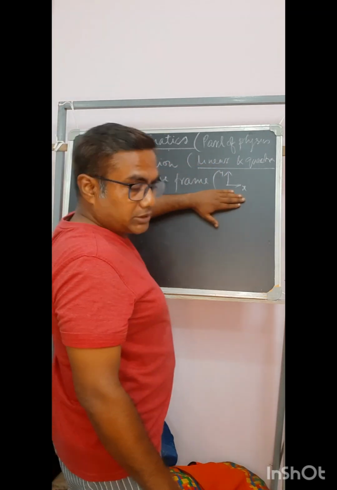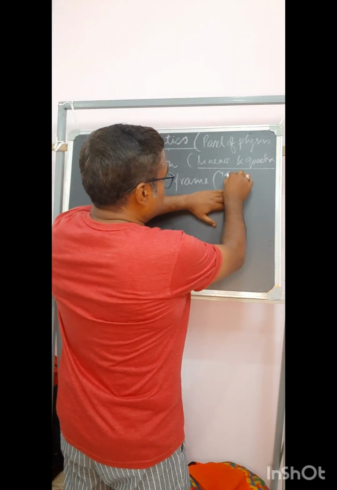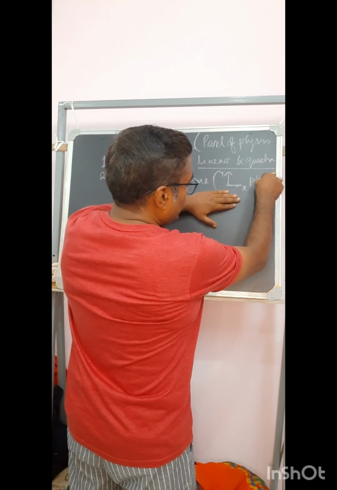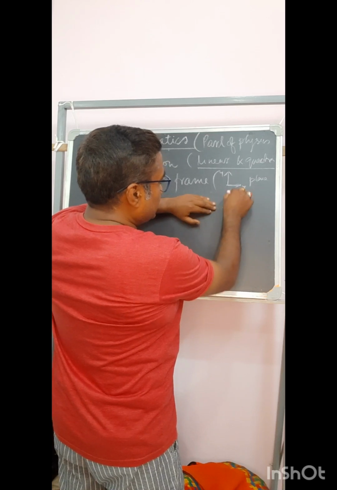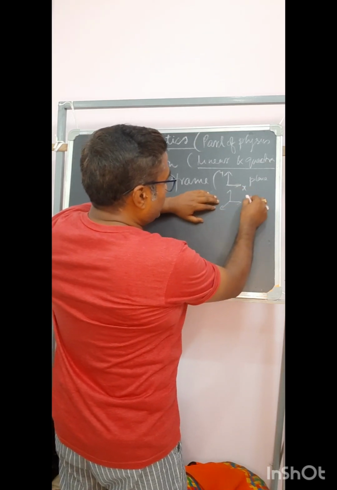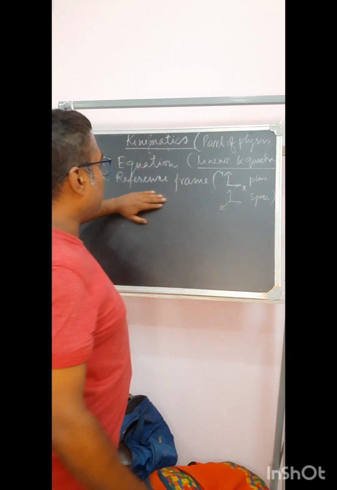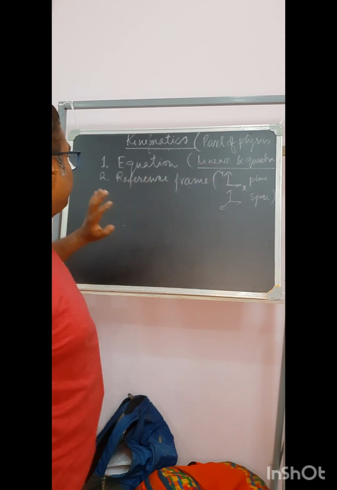I need an imaginary reference system which consists of two axes if it is in a plane. It could be of three axes if it is in space. These are called the reference frame or the coordinate system.